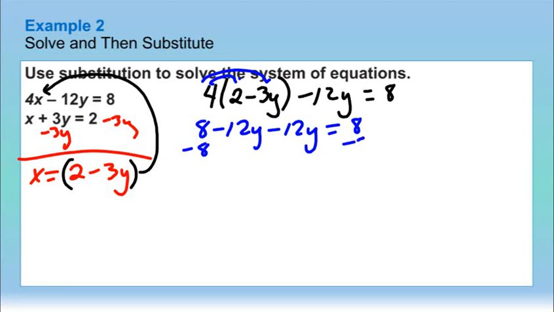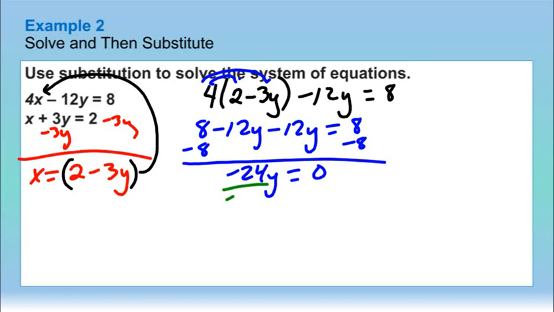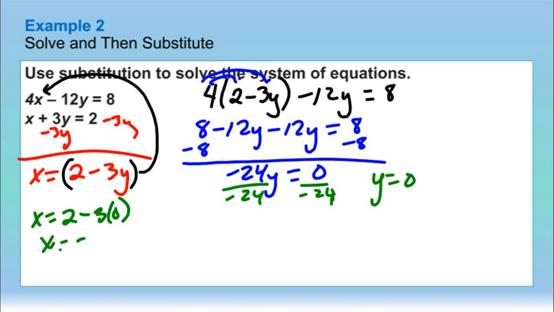And subtract 8, combine like terms, I get negative 24y equaling 0. Divide by negative 24, my y would equal 0. And if y is 0, x equals 2 minus 3 times 0, which would give us x equaling 2. So my ordered pair would be 2, comma 0.